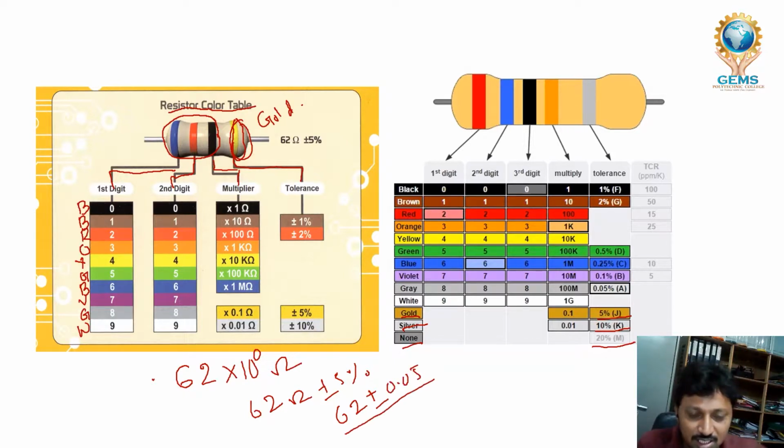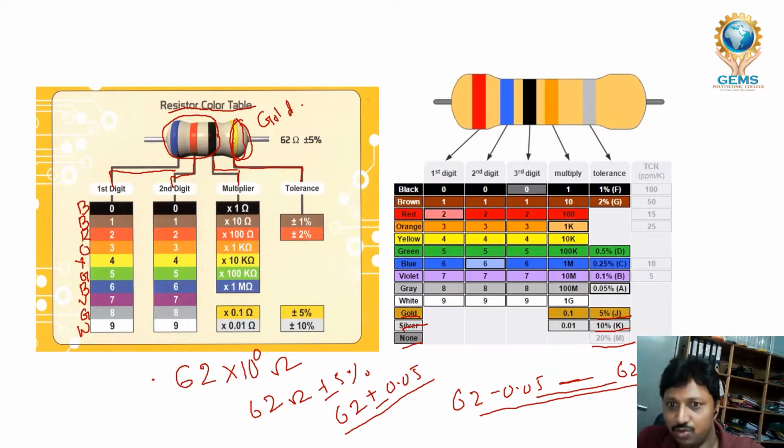This resistance is between 62 minus 0.05 and 62 plus 0.05 ohm. In this range the resistance value would be. This is how we are going to find the resistance value.